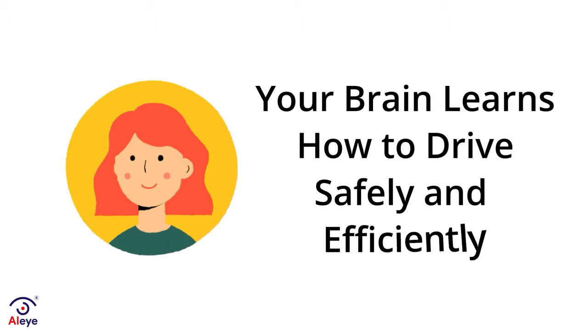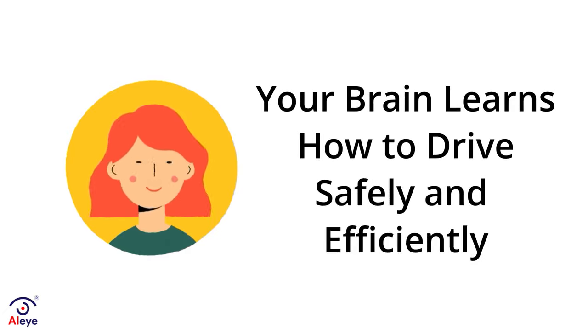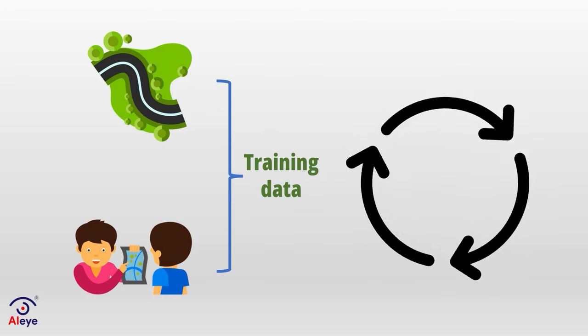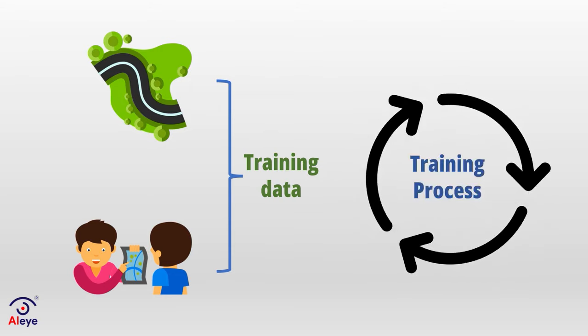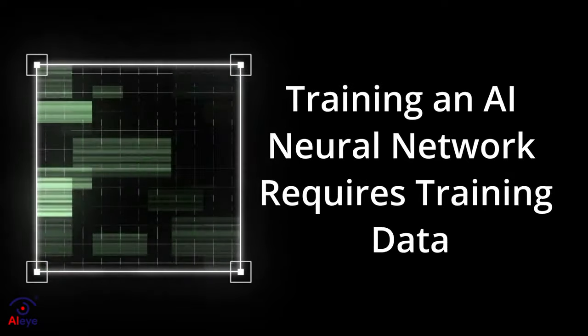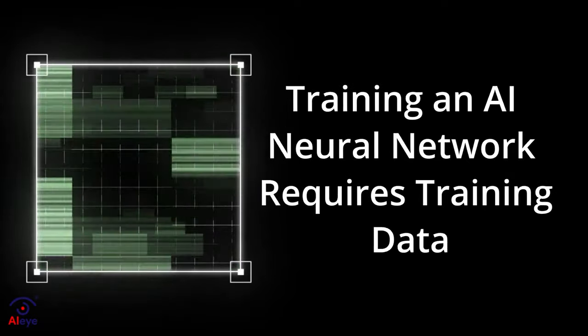Your trainer trains your brain, and your brain learns how to drive safely and efficiently. The inputs and the trainer-recommended outputs are the training information, or training data, your brain uses in this training process. Similarly, training an artificial neural network requires training data.